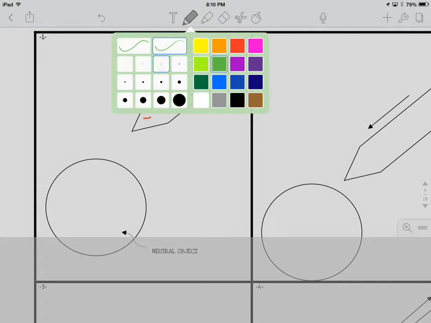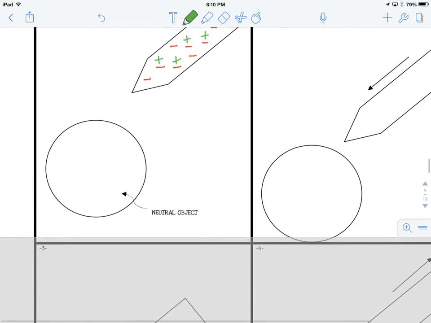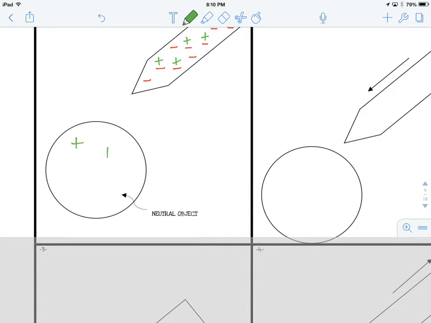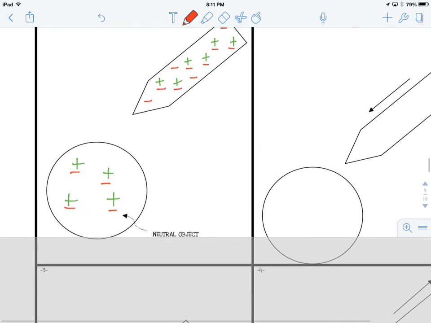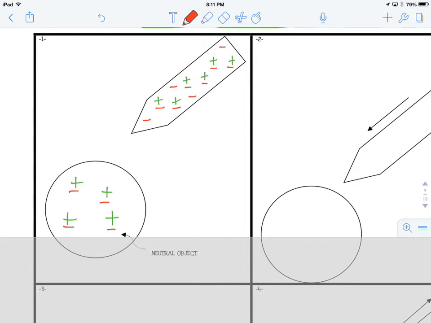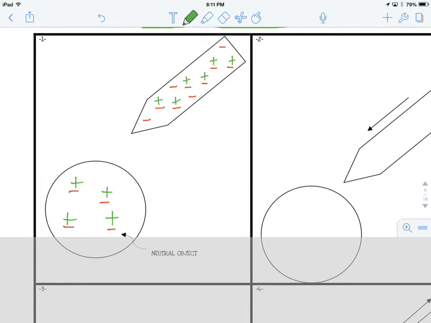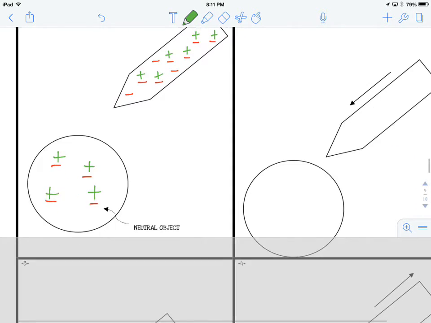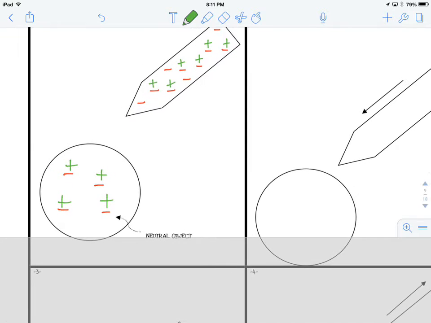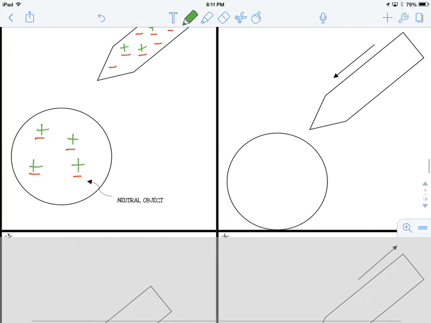Now, we come down to some object, and we'll say it's some kind of a neutral conductor. And we are going to charge this neutral object by contact. Okay? So what ends up happening in this case is that we bring our insulating ebonite rod close to this neutral object.